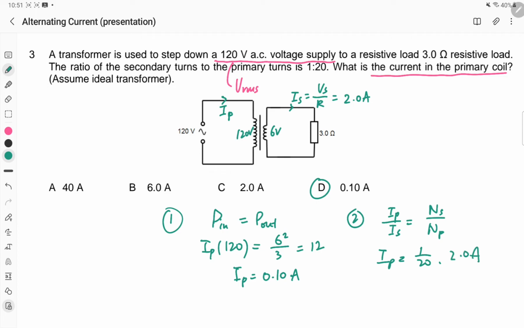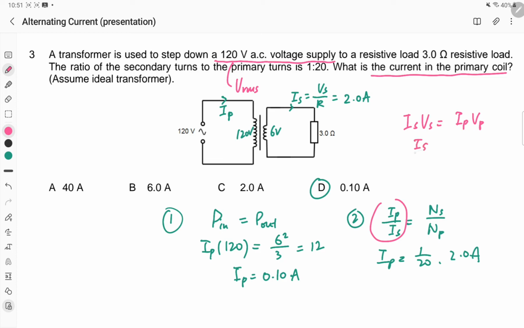So this is also workable, but you have to realize they are actually the same method, because of how this one comes about. For an ideal transformer, IsVs equals IpVp, because the power is the same for input and output, since there is no power loss in an ideal transformer.